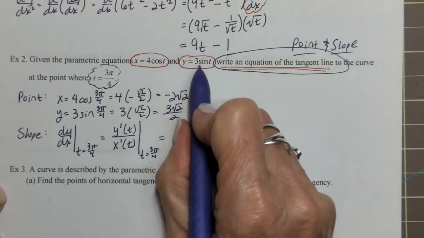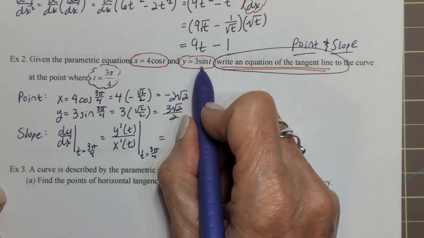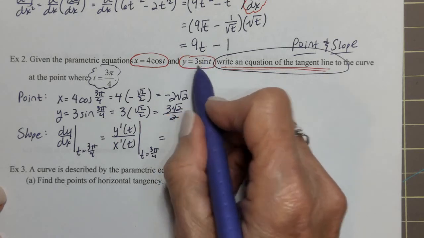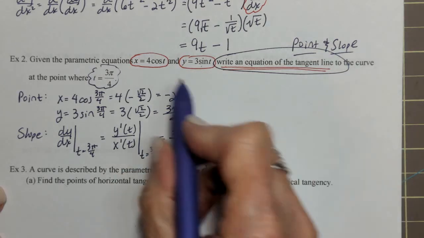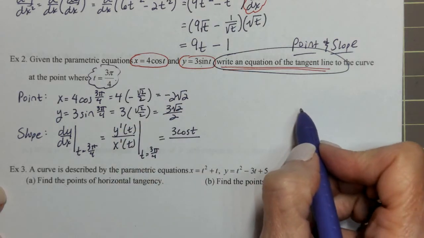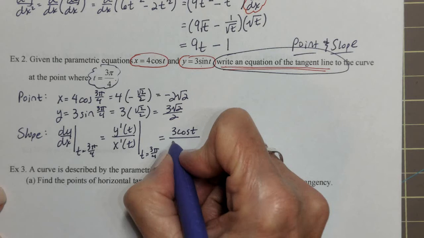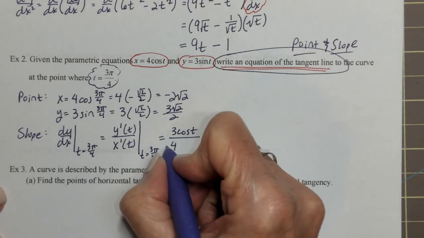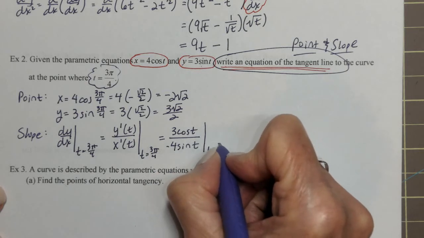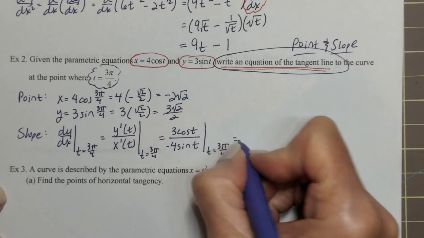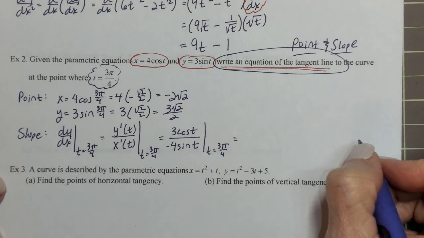So y prime, dy/dt, is going to be 3 cosine of t, and x prime, dx/dt, is going to be 4 times a negative sine of t. And now it's time to plug in 3 pi over 4 for t.